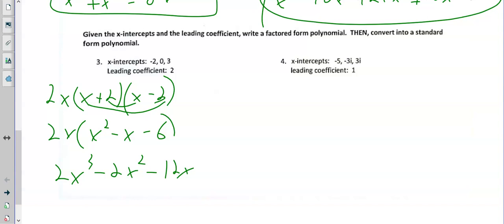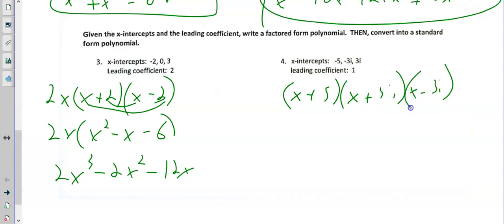Number 4, I'm going to have x minus 5, or minus 5 gives me x plus 5. All right, this is going to give me x plus 3i, x minus 3i, and if you remember, this is basically a difference of squares, but because of the i, it makes it plus.